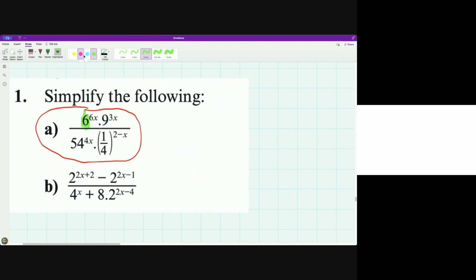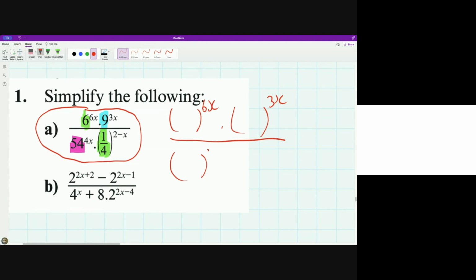Yes, so the 6 and the 9 and the 54 and the quarter should be broken down into smaller numbers, and often it's primes. So what I like to do is leave a space for the thing that I'm going to break down, because it leaves me time and space to break it down. I want you to write down what you think we should break it down into.